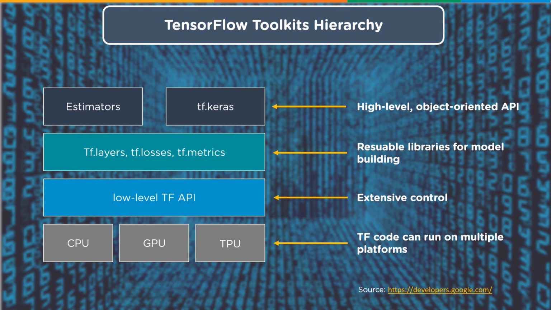This sits on top of your TF layers, TF losses, TF metrics. So you have your reusable libraries for model building. This is really where TensorFlow shines, between the Keras, running your estimators, and then being able to swap in different layers. Your losses, your metrics, all of that is so built into TensorFlow. It makes it really easy to use.